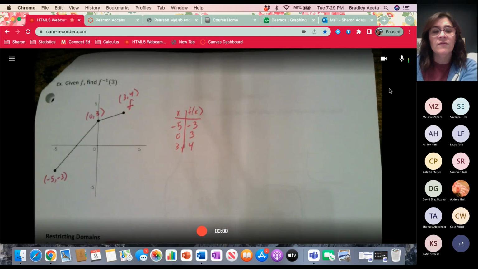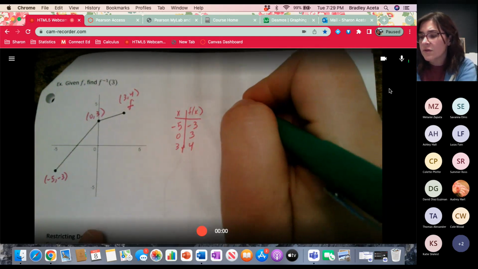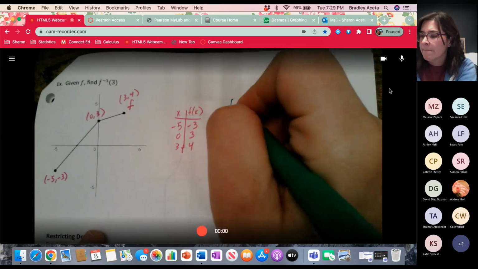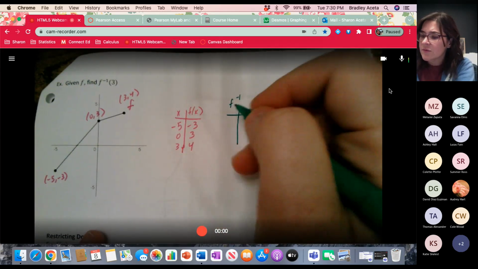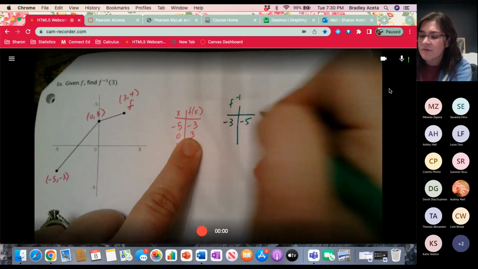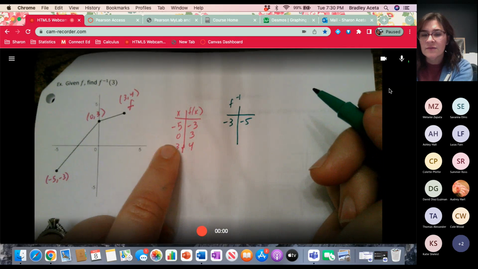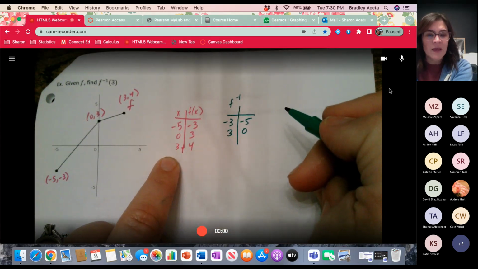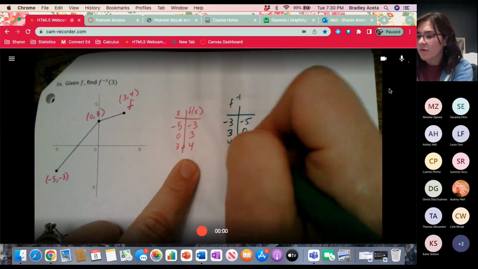Well, if you want to draw the inverse, you literally just flip those two. The inverse would be, instead of -5, -3, it would be -3, -5. Instead of 0, 3, it would be 3, 0. And instead of 3, 4, it would be 4, 3.